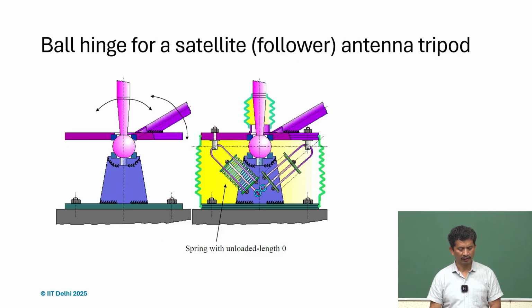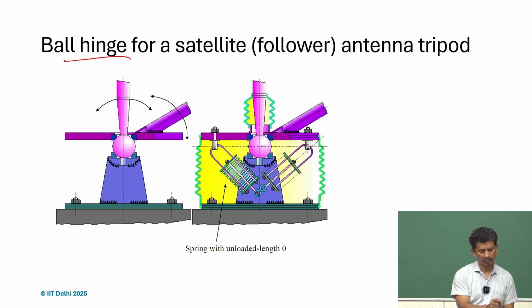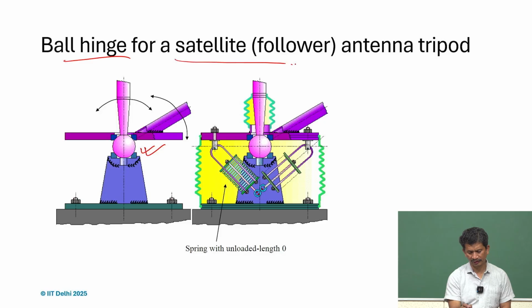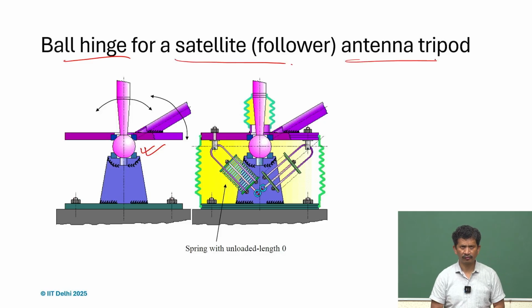So in reality, if you want to use this kind of concept, how can it be used? Suppose you want to have a ball hinge for a satellite antenna tripod, so you want to move around and you don't want any preferred angle. So what to do?